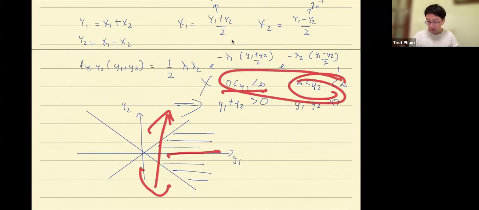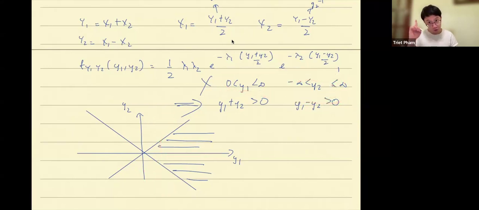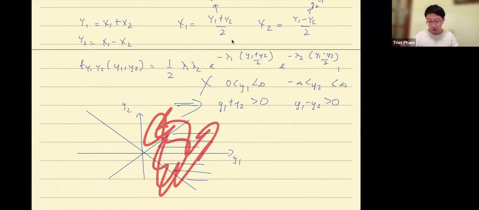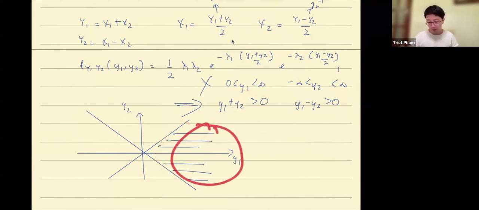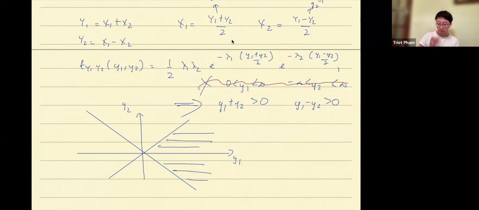But if you write like this, you will think of this whole region. But no, the restriction is more severe. It's only this part. Is that okay? So the range here has to be more carefully paid attention to. Any question?